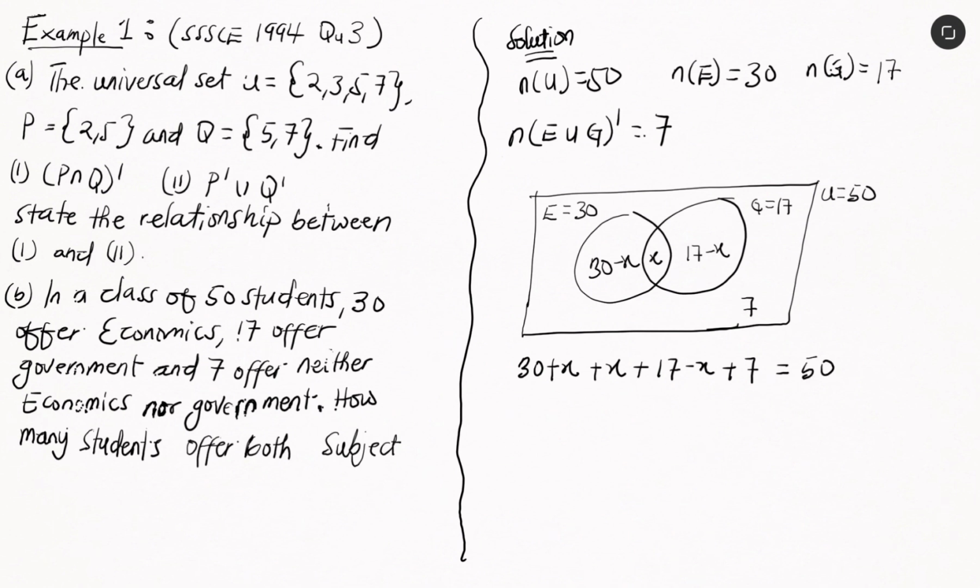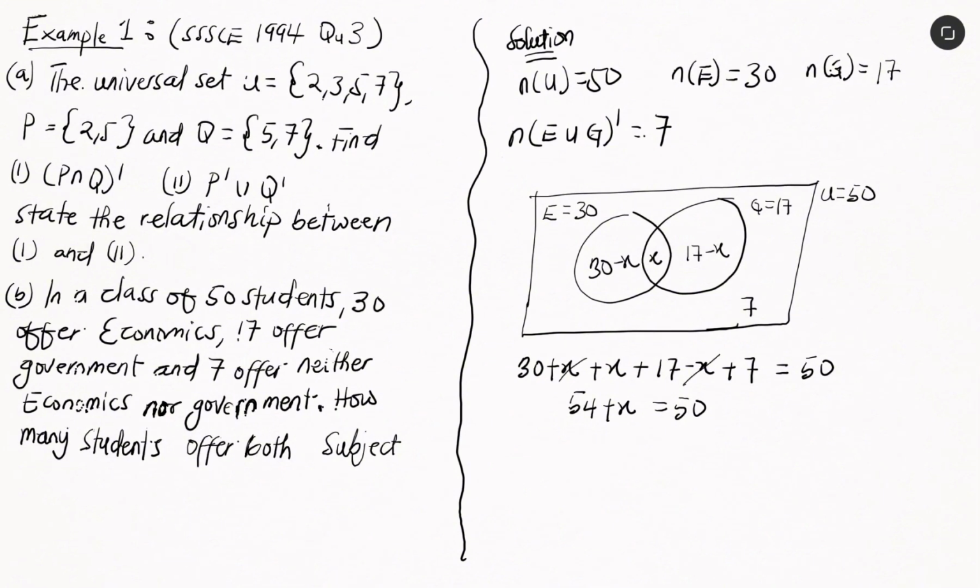If you look at it over here, this is plus X minus X, they cancel each other out. 17 plus 7 will give us 24, plus 30 will give us 54. So we have 54 plus X is equal to 50 over here.